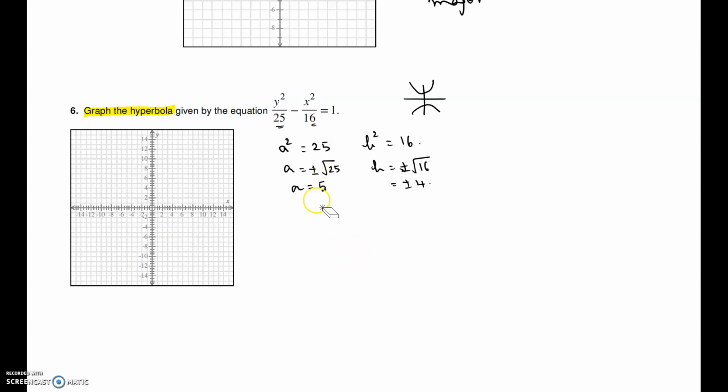So it will be plus or minus 5 here, plus or minus 4. So now we have to start off with this value 5, which came from the value 25 which is right under y. So we have to plot 5 units along the y direction. Then 5 units down.